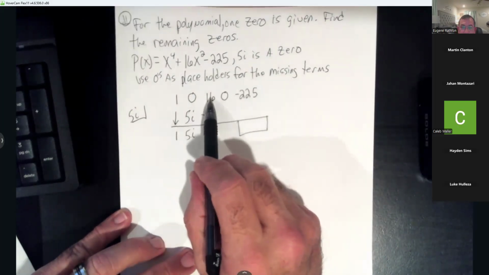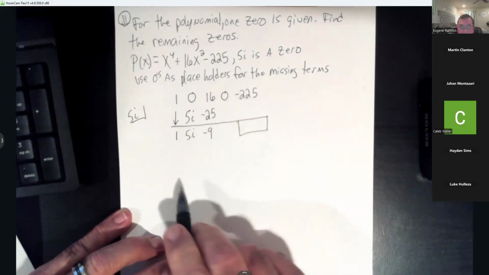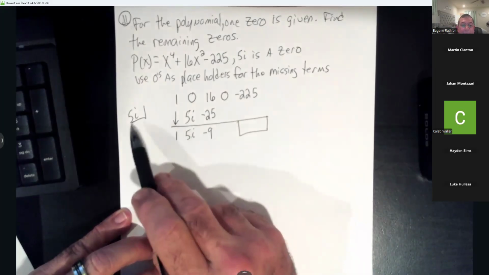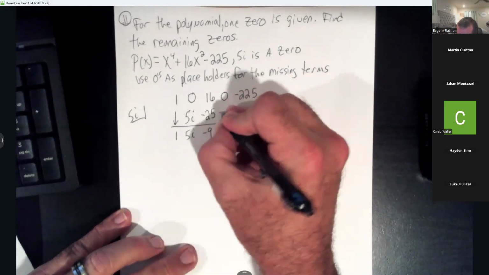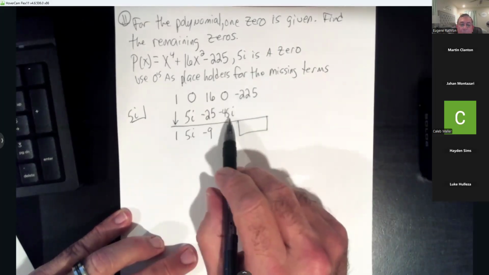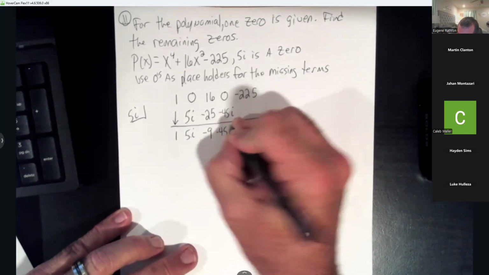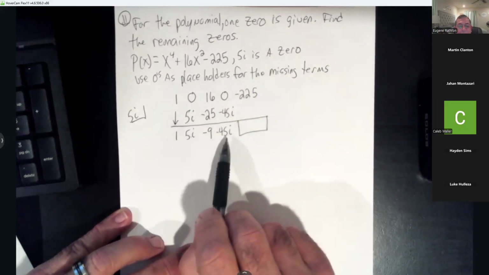All righty. 16 and negative 25 give me negative 9. Negative 9 times 5I is a negative 45I. 0 and negative 45I is a negative 45I. And y'all look here.